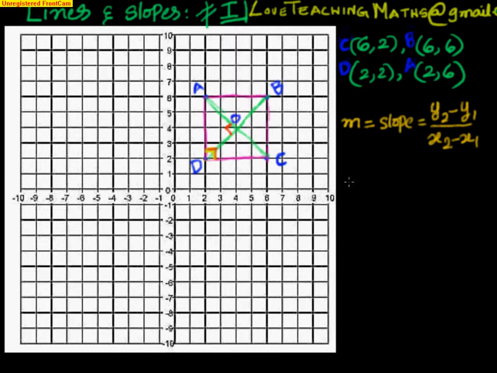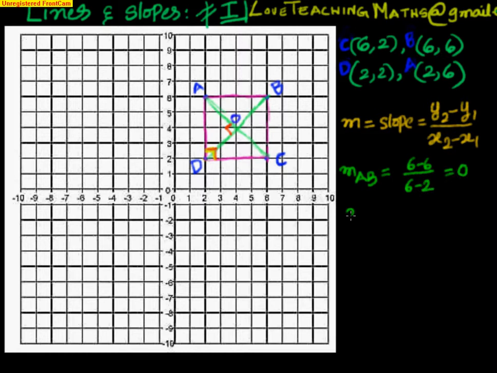So let's go ahead and find out the slopes of all the sides. The slope of AB, m of AB, is equal to y2 minus y1, that's 6 minus 6, divided by 6 minus 2, that is 0.